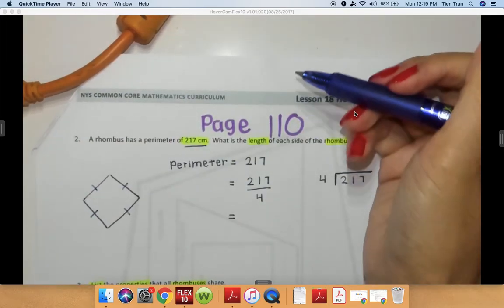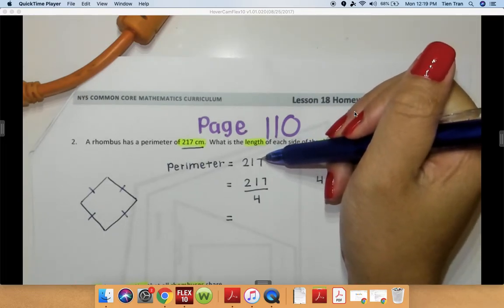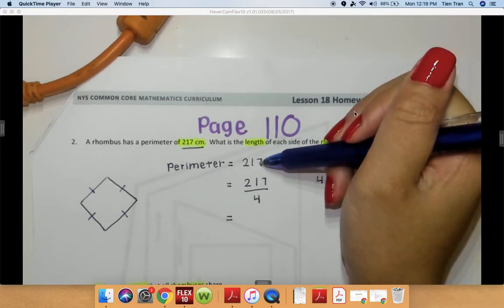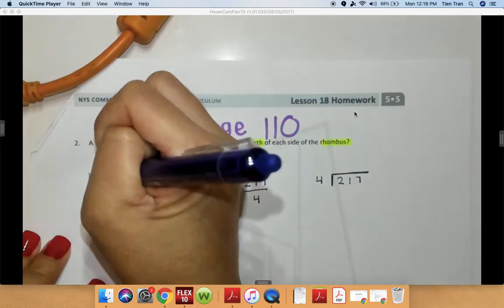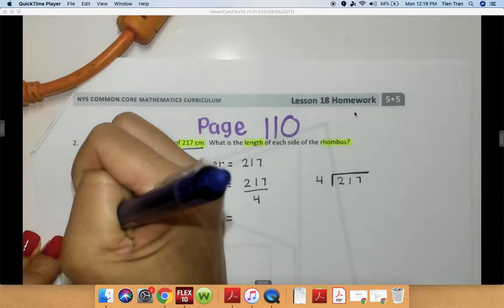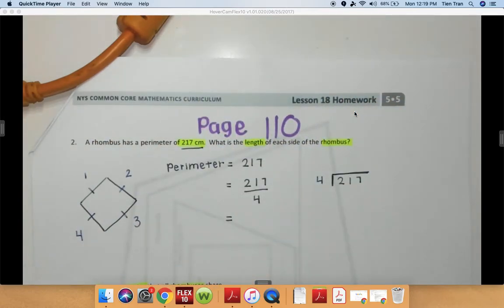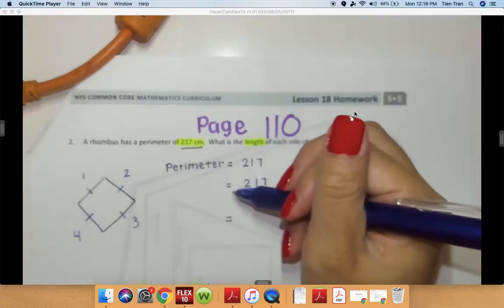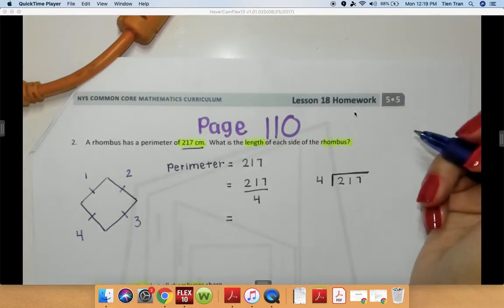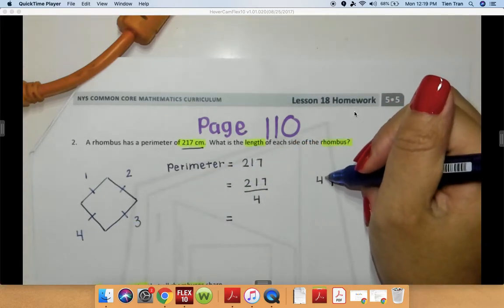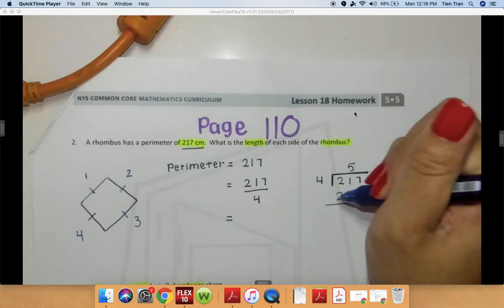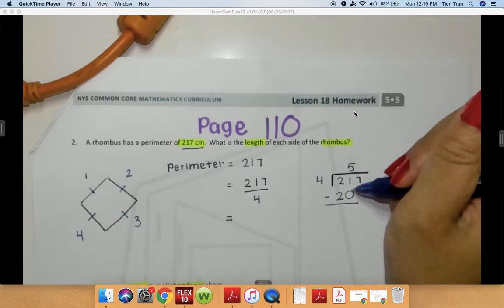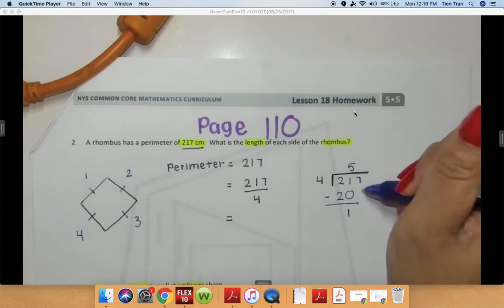If my perimeter is 217, that means if I divide 217 by 4, because there are 4 sides, 1, 2, 3, 4, then I would get my answer of how much each side is equal to for the length. So I'm going to divide. I know that 4 can go into 21 five times because 4 times 5 is equal to 20. 21 minus 20 is equal to 1.